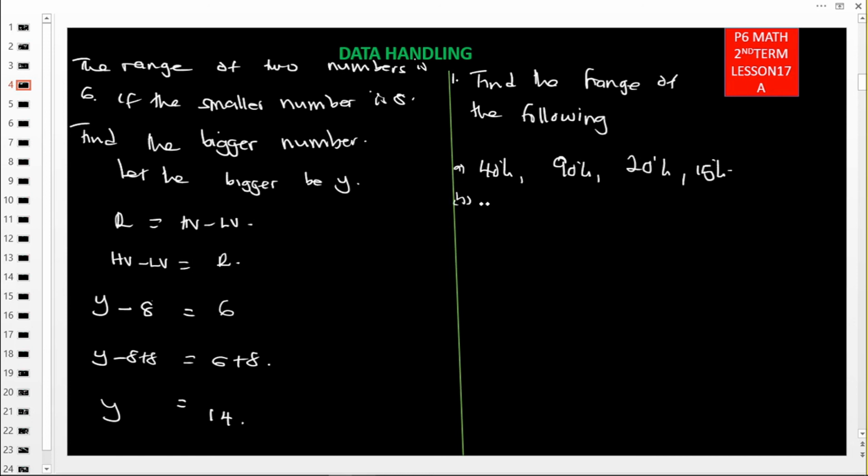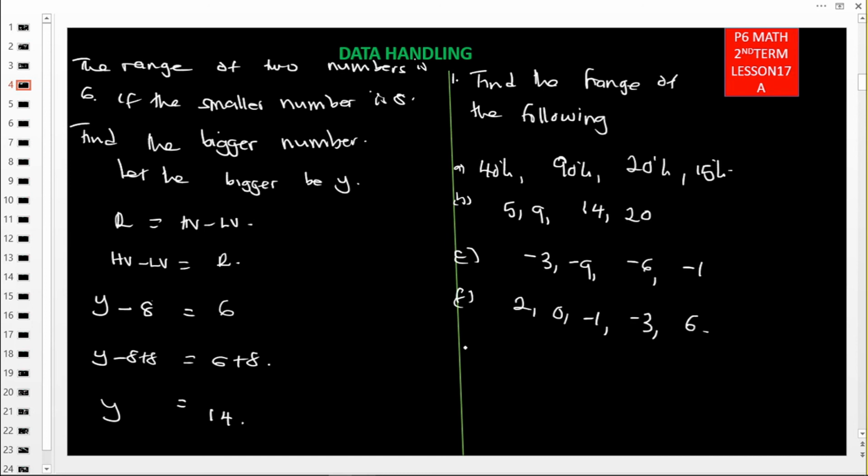Part B is 5, 9, 14 and 20. Then part C: -3, -9, -6 and -1. Then part D: 2, 0, -1, -3 and 6.